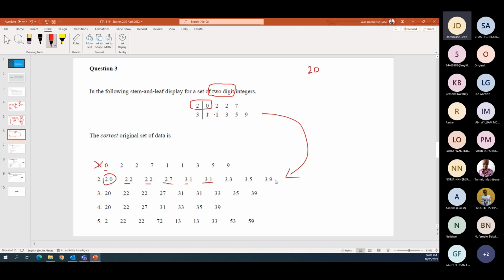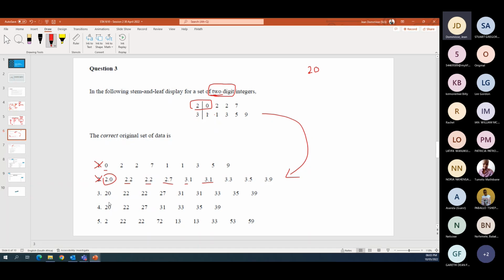So this one they wanted to nearly catch you out, because the data seems correct, but it is important that they say 2-digit. So that can't be the correct one.